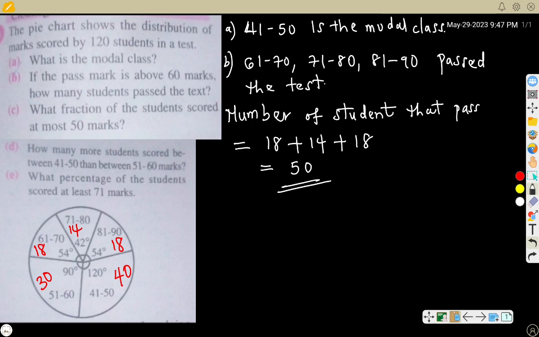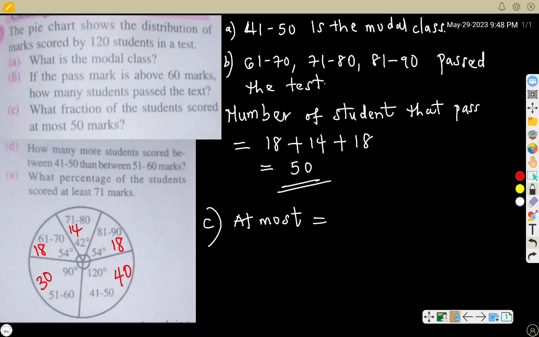So now, see, what fraction of the students scored at most 50? At most means highest is 50. If I say give me at most 50 naira, you must give me 50 highest or anything less.